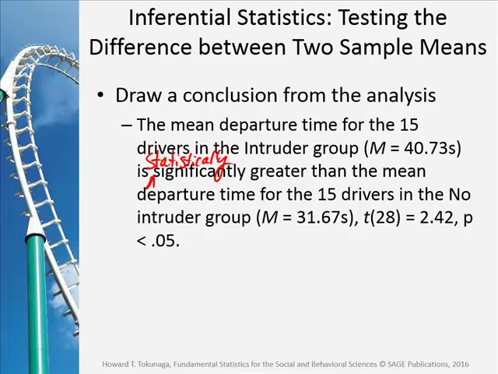And again, people in the field, when they do this, that's a sign that they don't know what they're talking about. Because the statisticians in the room, again, you're either pregnant or you're not. You're not leaning towards it. Then the mean departure time for the 15 drivers in the no intruder group.